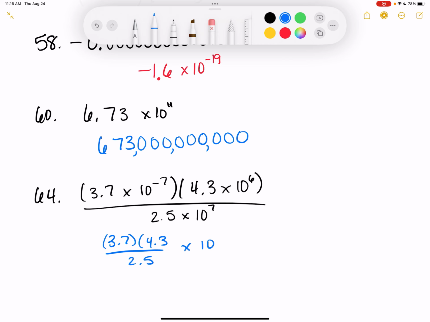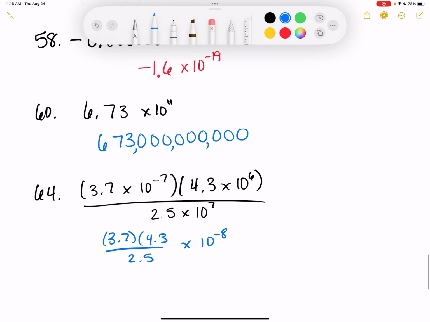So I would subtract 7, so that would end up giving me negative 8. I did negative 7 plus 6, which was negative 1, and then minus 7, which is the negative 8. And then at this point, I would get a calculator and multiply those. You can do it by hand, but it ends up being 6.4 times 10 to the negative 8.